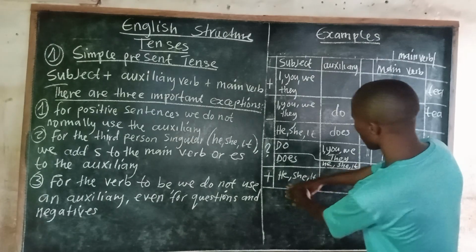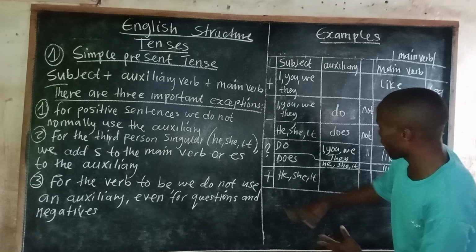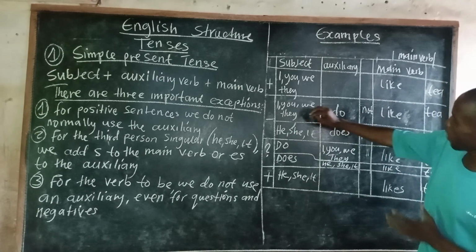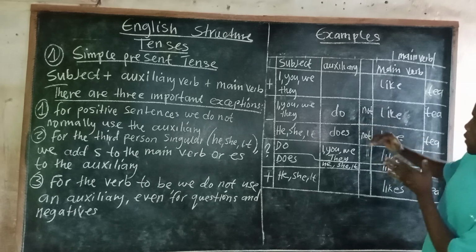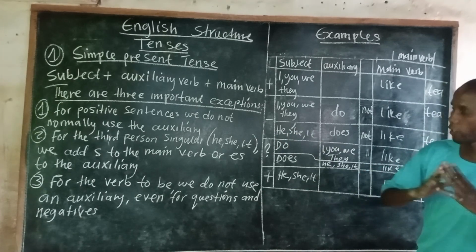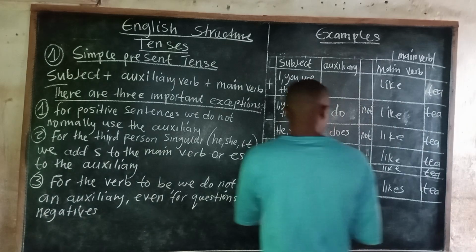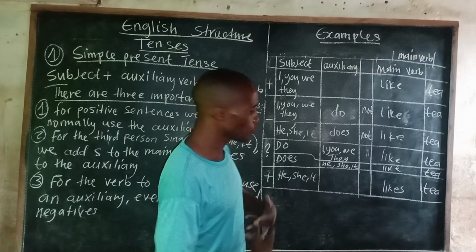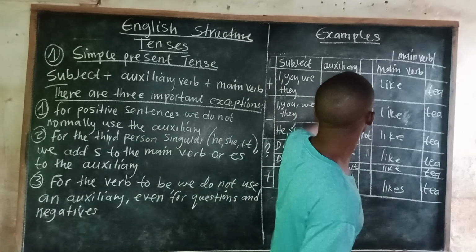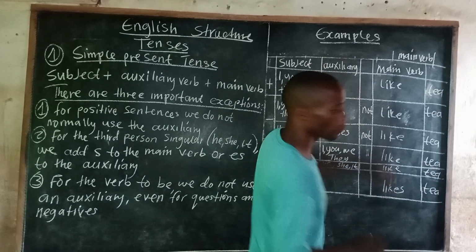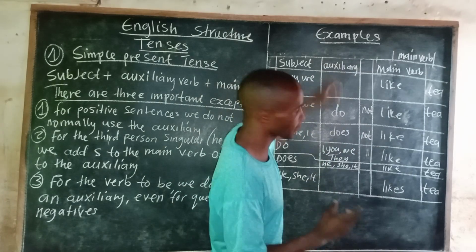Okay, so we come now to the last part for the third singular person. Now here, positive sentence. So we have he. Remember, for positive, you don't need to add an auxiliary verb. What is important is the spelling. You give it the correct spelling.